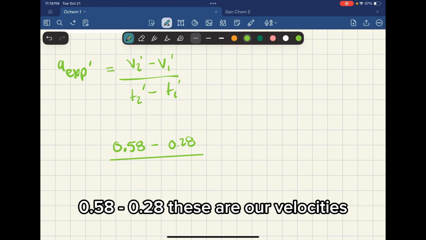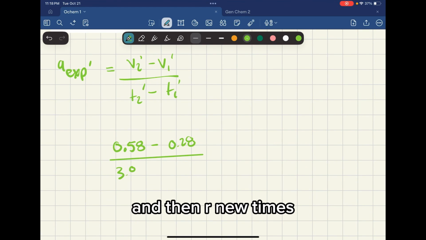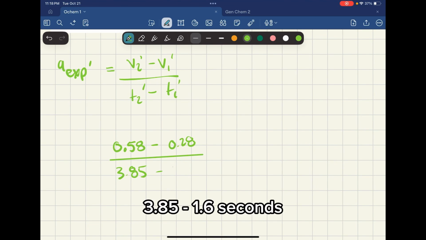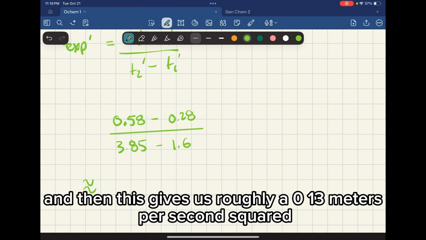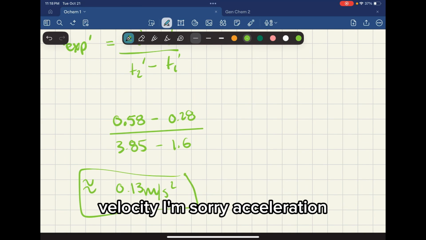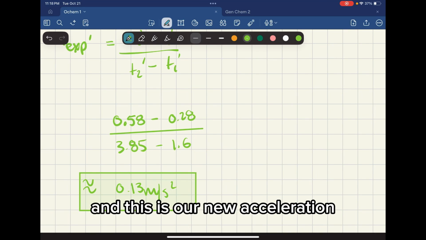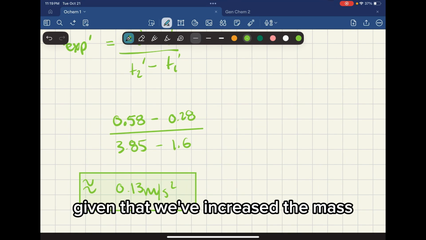These are our velocities. And then our new times, 3.85 minus 1.6 seconds. And then this gives us roughly a 0.13 meters per second squared acceleration. And this is our new acceleration given that we've increased the mass.